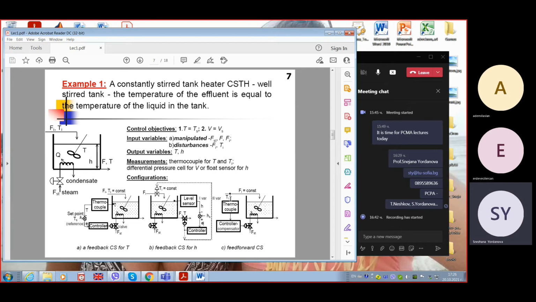Here we demonstrate how we measure the temperature or disturbance of the inflow. Because this disturbance we can measure, we have another type of controller, a compensator, which influences the heating agent that changes the inside liquid temperature. So it doesn't change this temperature, but another temperature.